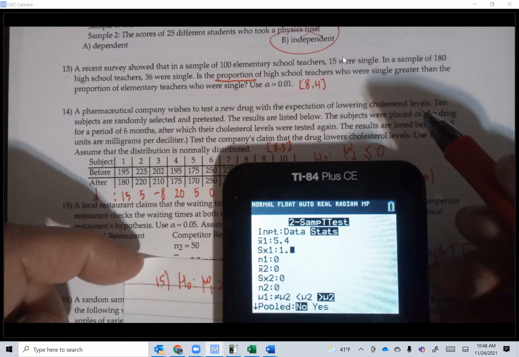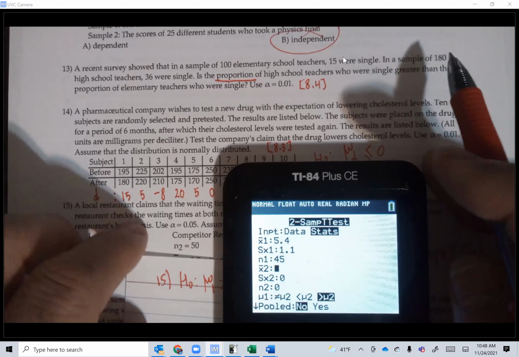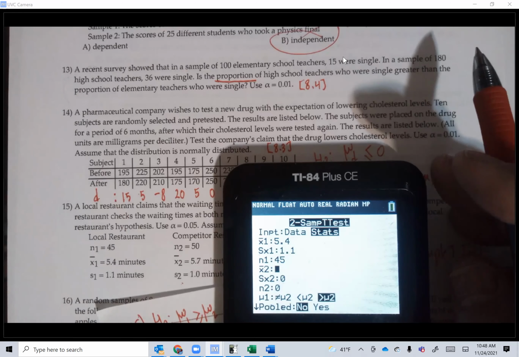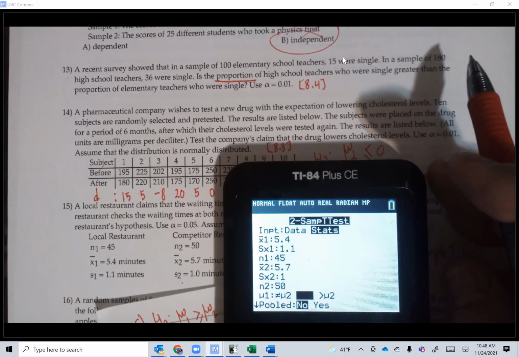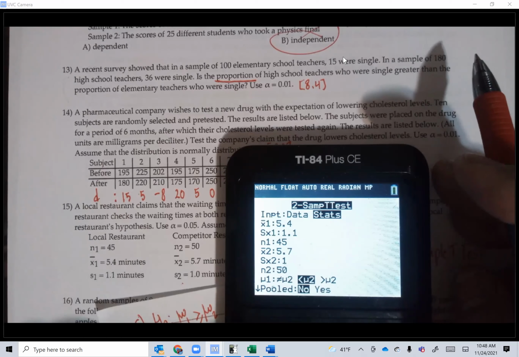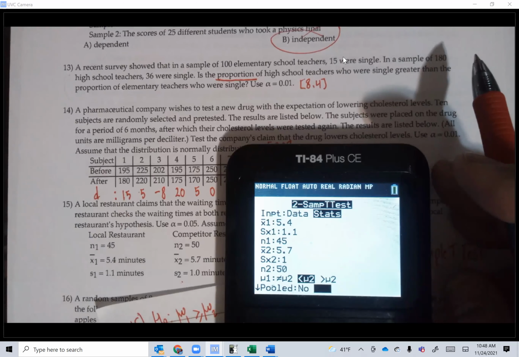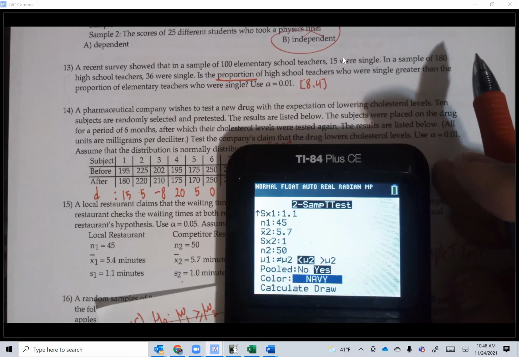N1 is 45. Let me go to the other one. X2 bar is 5.7. S2 is 1. N2 is 50. And we need less than. And you see pooled, guys, because he says population variances are equal, we assume pooled is yes. Most of the time it's a no, but in this one I said assume population variances are equal. Hit calculate.